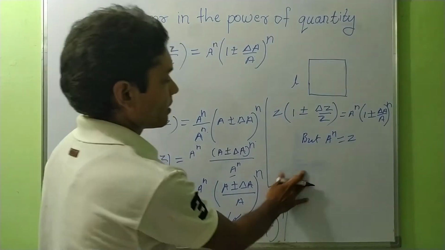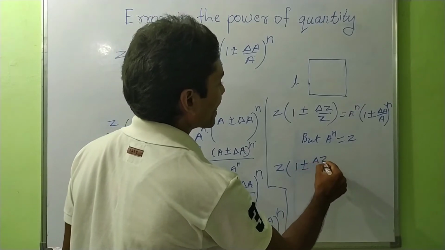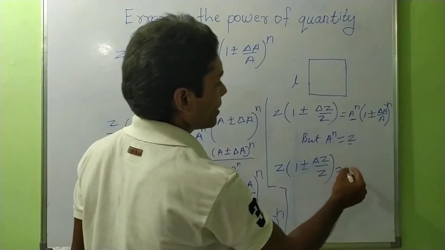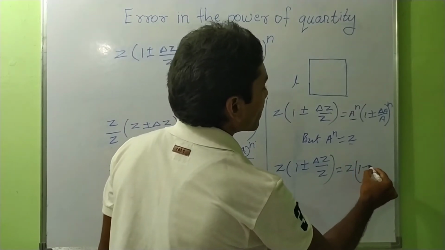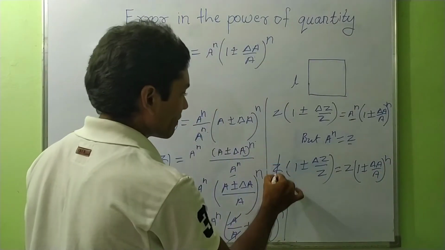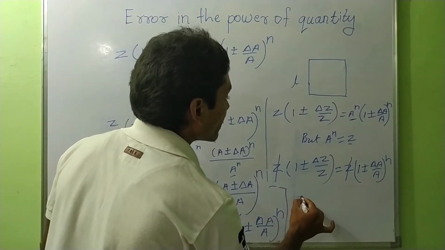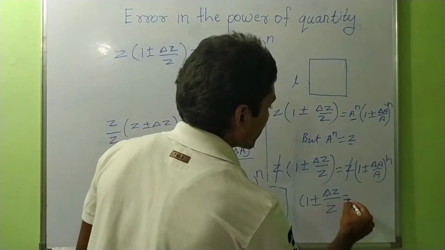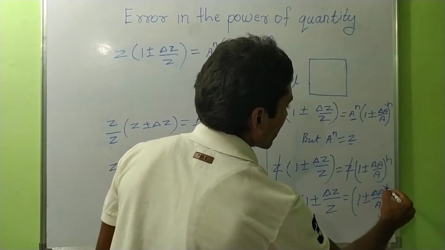So this equation becomes Z times 1 plus minus del Z upon Z equals Z times 1 plus minus del A upon A, to the power N. Z will be cancelled by this Z, so the remaining part of this equation will be 1 plus minus del Z upon Z equals 1 plus minus del A upon A, whole power N.